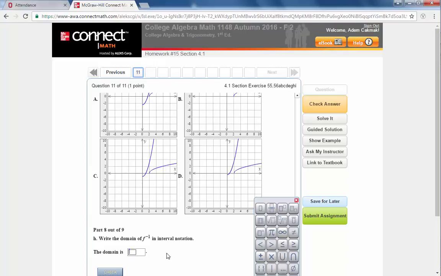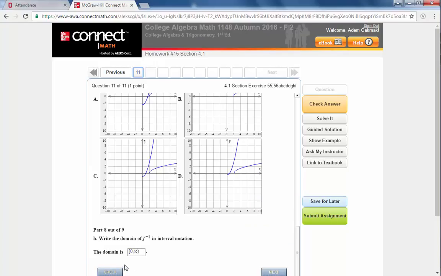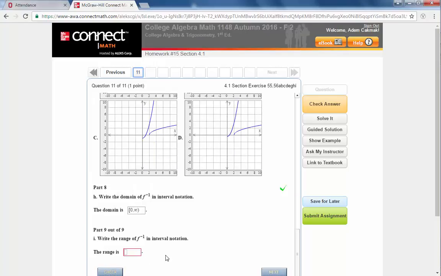And two more things. Domain was the range of f, which is 0 to infinity. And range was the domain of f, which was 2 to infinity.